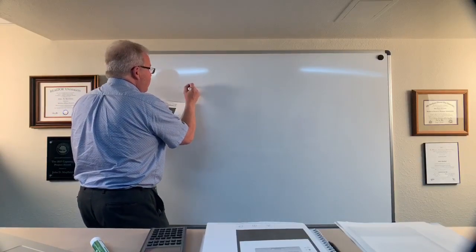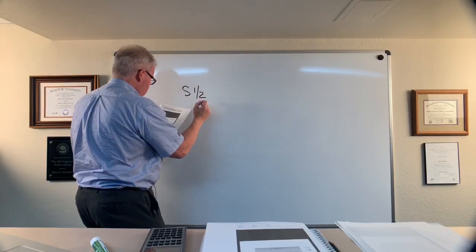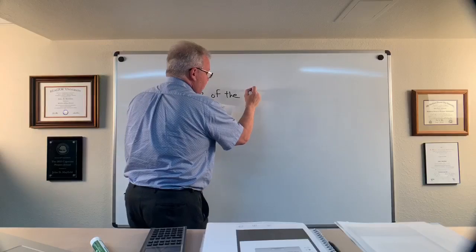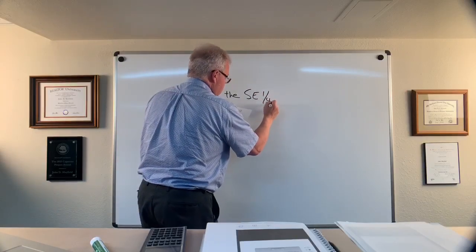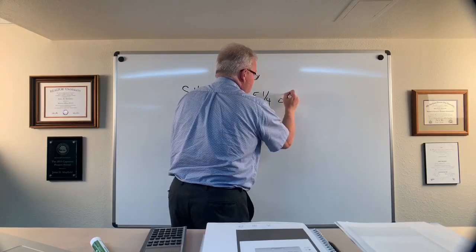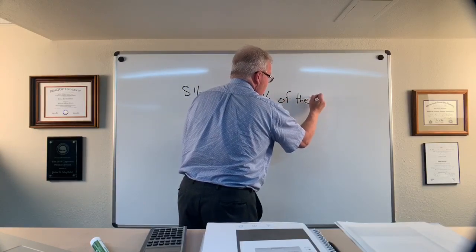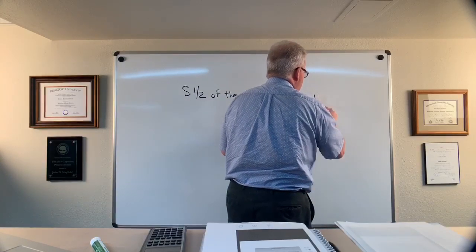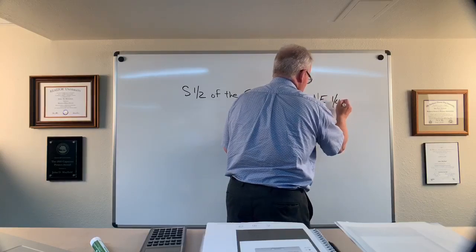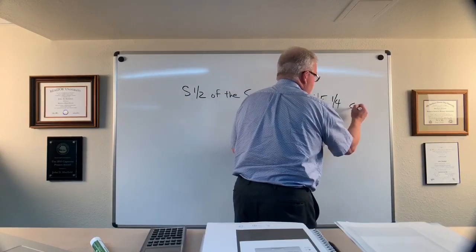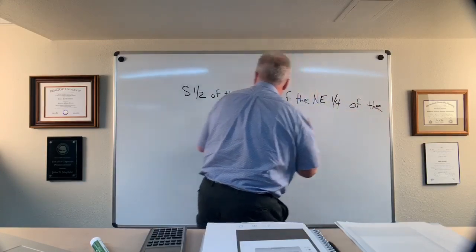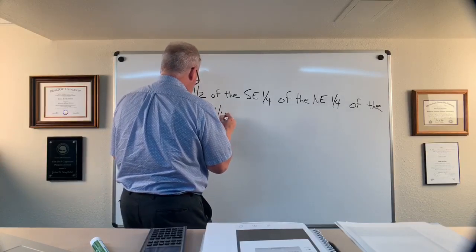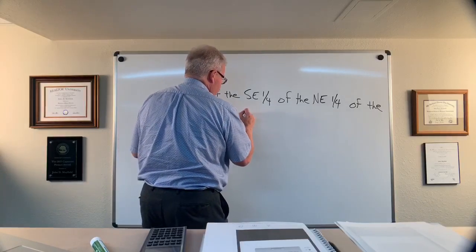It said the south half of the southeast quarter of the northeast, sorry about that, northeast quarter of the northeast quarter of section 7.